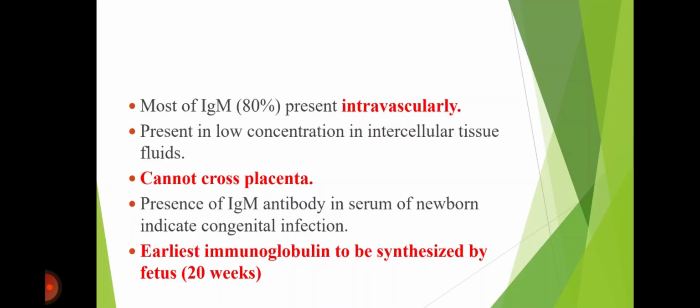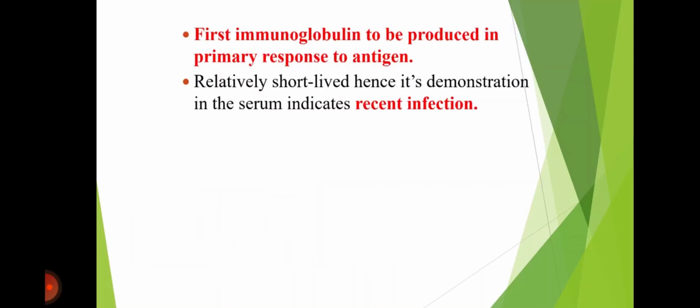The presence of IgM antibody in the serum of a newborn indicates congenital infection. It is the earliest immunoglobulin to be synthesized by the fetus, at 20 weeks. It is the first immunoglobulin to be produced in the primary response to antigen. It is relatively short-lived, hence its demonstration in the serum indicates recent infection.